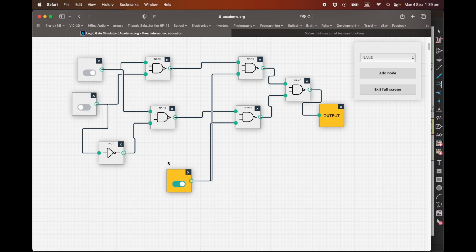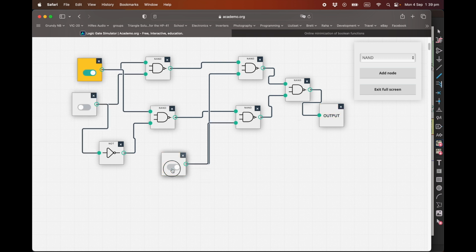Then 1, 0, 0, it's off. 1, 0, 1, again it's this value here. 1, 1, 0, it's off. 1, 1, 1. So it seems it doesn't really matter what these two values are up here. It's entirely dependent on this one down here.